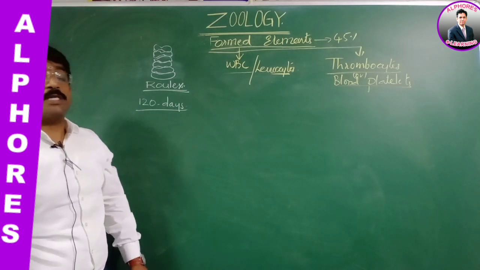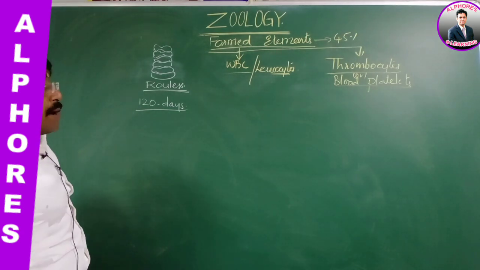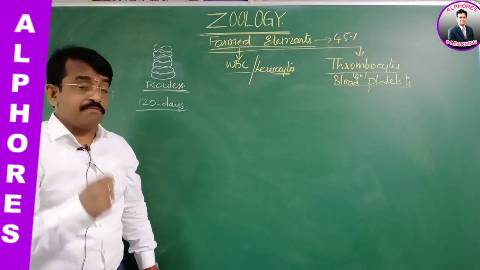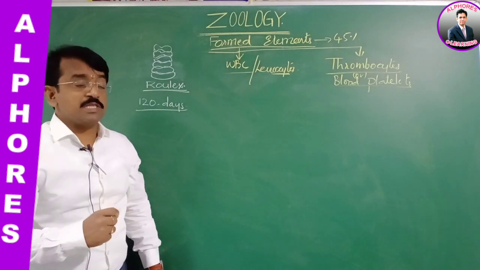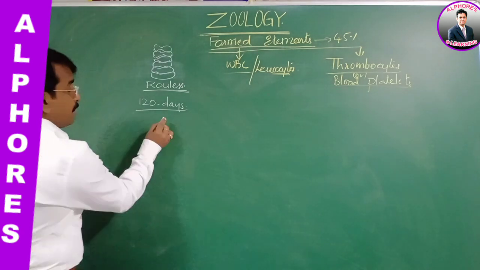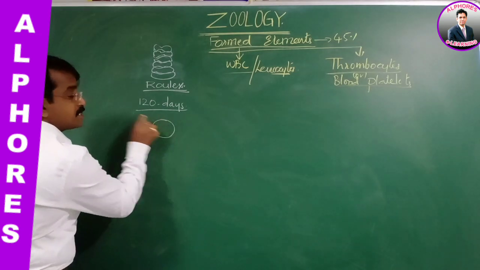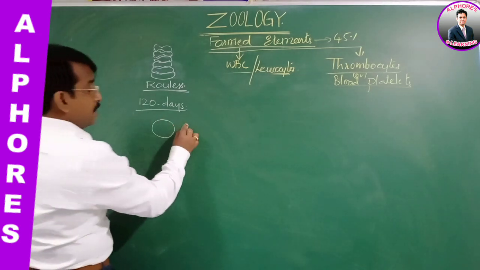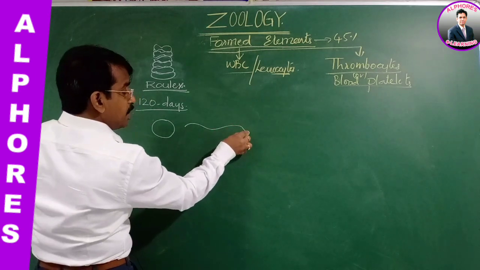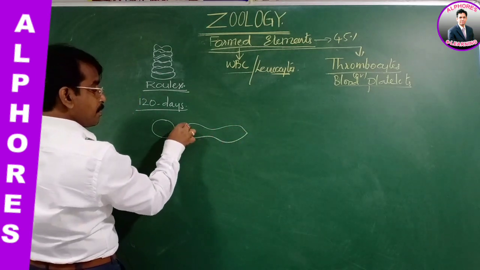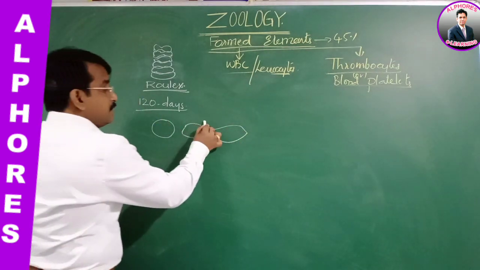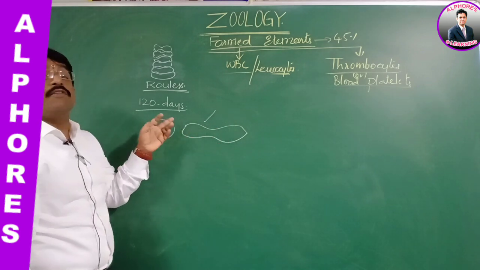The RBCs are biconcave. Let's have the detail of this. When compared with the circle, look here, this is a circle and this is a biconcave shape. Do you find the large surface area here? Definitely.